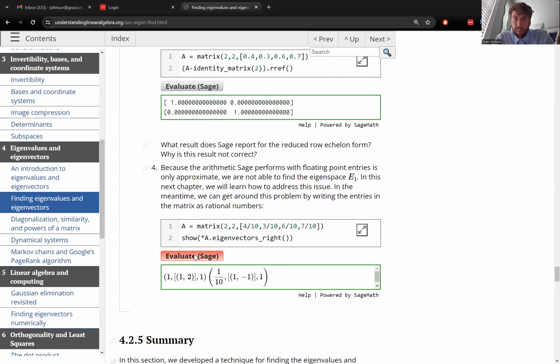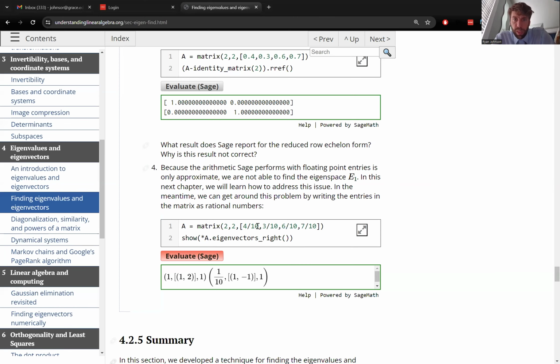The other has eigenvalue 1/10, eigenvector 1, -1, multiplicity 1. That's the method you want to use in Sage, and it's best to keep things as fractions, because of how Sage does symbolic math. If you have nice numbers, put them in as fractions.